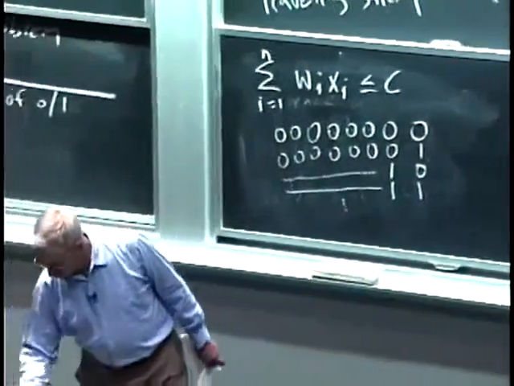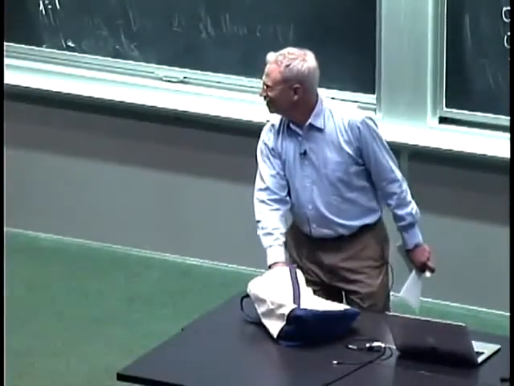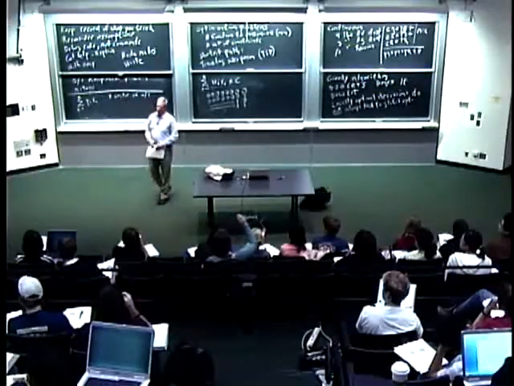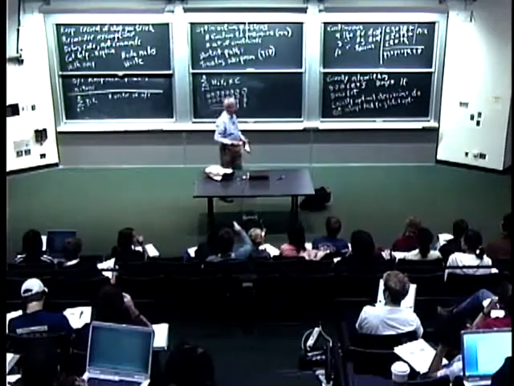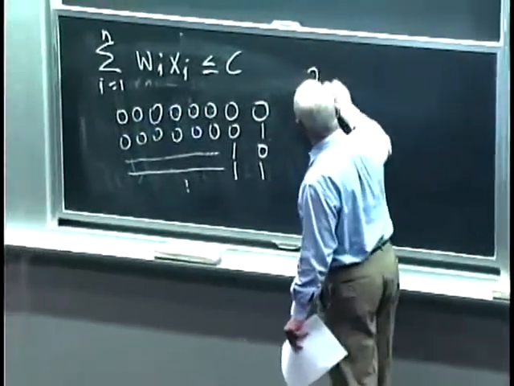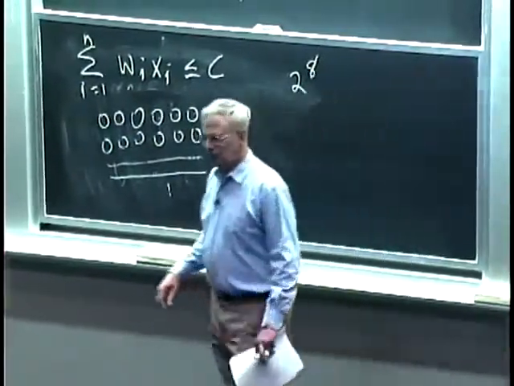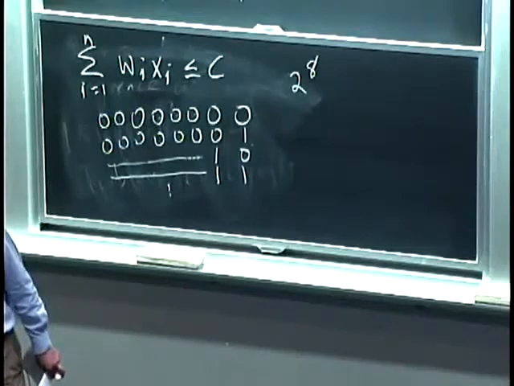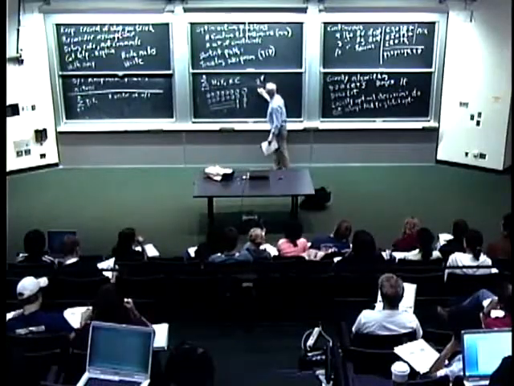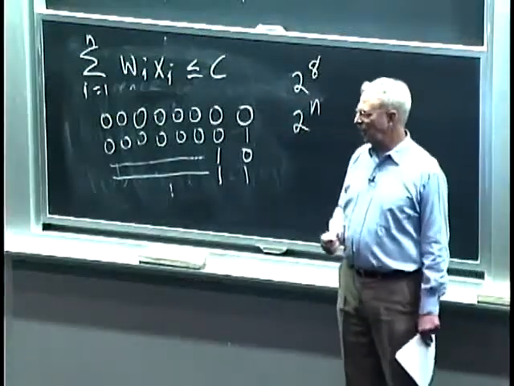Which is roughly what? 10 to the... Right. Exactly right. So in this case, it's 2 to the 8th, because I have 8 digits. But exactly right, more generally, it's 2 to the n, where n is the number of possible items I have to choose from.